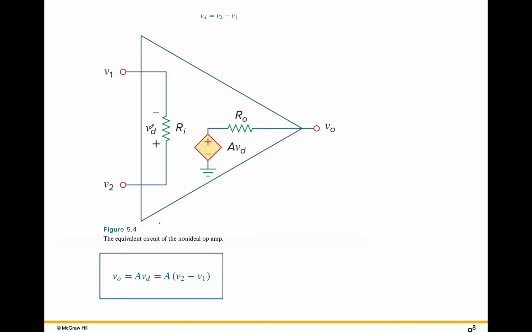There is this input resistance R sub I. Then there is, connected to reference, a dependent source called A times V sub D, where V sub D, remember, is this voltage here. So this A is a constant. V sub D is the input voltage, the difference between V2 minus V1, shown right here in this equation. And then there is the output resistance.